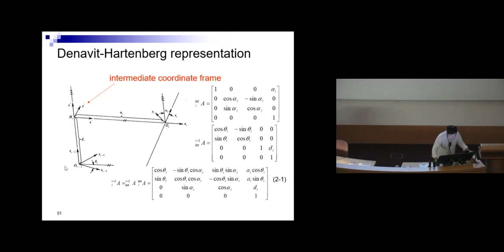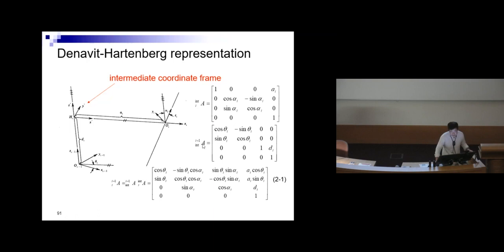Okay. So to relate the frame O_i with respect to frame O_{i-1}, you have ^{i-1}A_i equal to ^{i-1}A_int, the intermediate frame, multiplied by the intermediate frame A_i. You can determine the intermediate frame quite easily. So this is the intermediate frame, and then we can arrive at this homogeneous transformation matrix. This is the rotation component, this is the translation component.